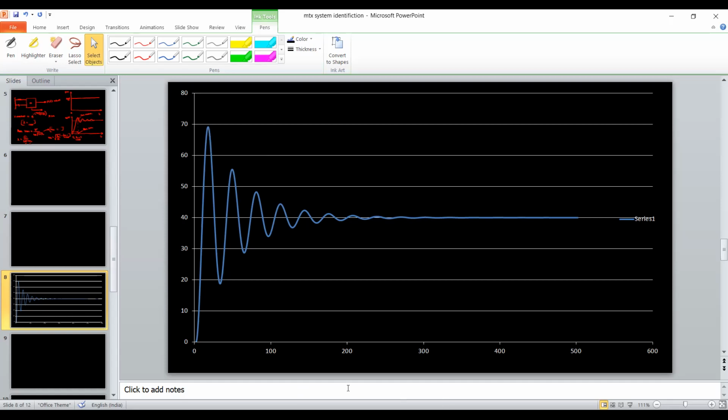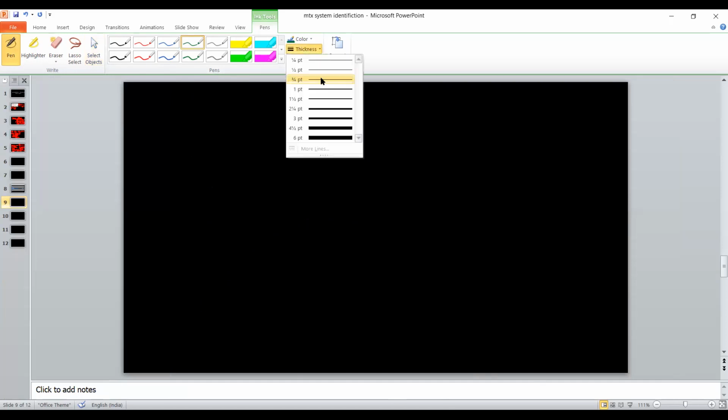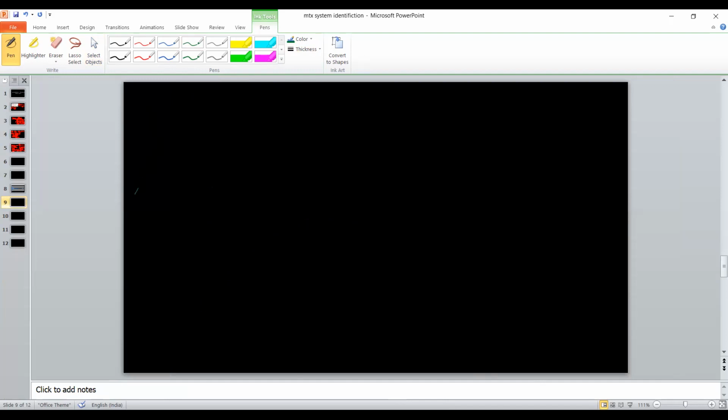So to find out the peak overshoot or percentage peak overshoot, measure this value, and then divide by this value. So this is the steady state value.